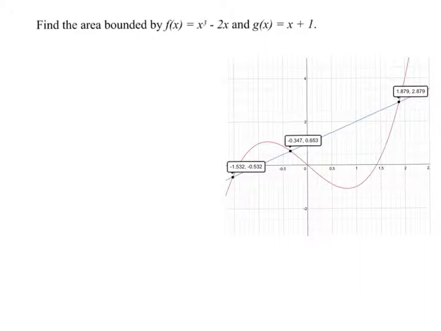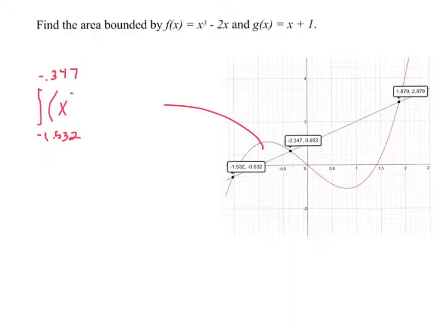In this problem, find the area bounded by x cubed minus 2x and x plus 1. So you can see my graph here of the cubic and the line, and I did label the intersection points in there. We're going to need two integrals, because for this right here, the integral from -1.532 to -0.347, the cubic function is on top.